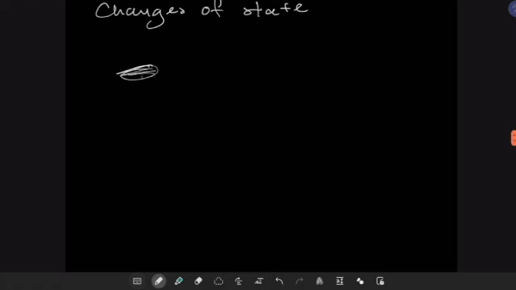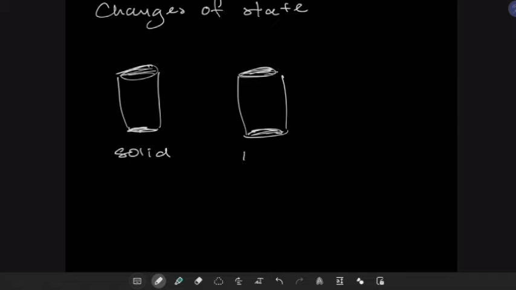So let me give an example. This is a solid and this is a liquid. Let's just imagine that. From a liquid to a solid, that is called freezing.